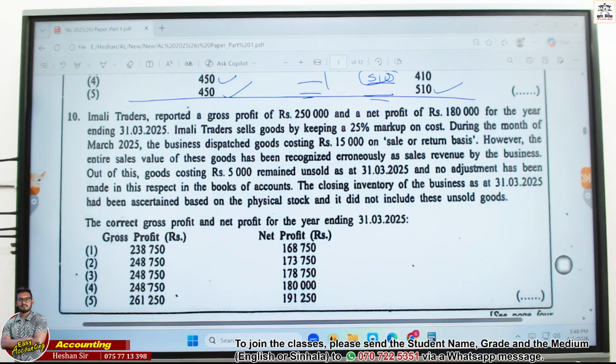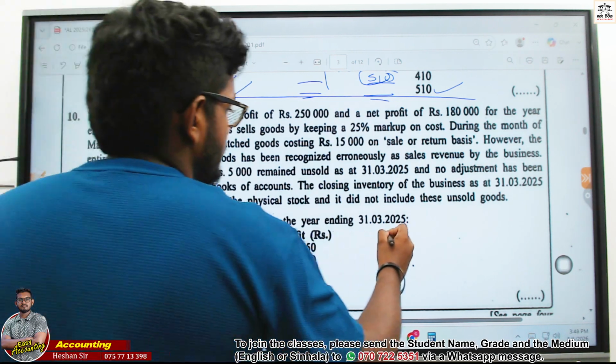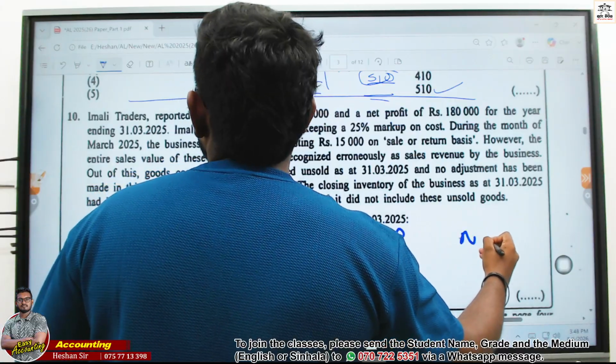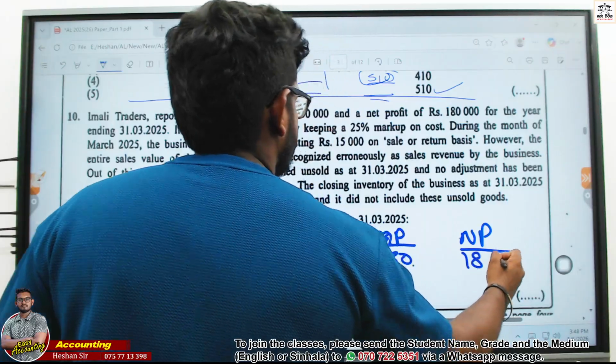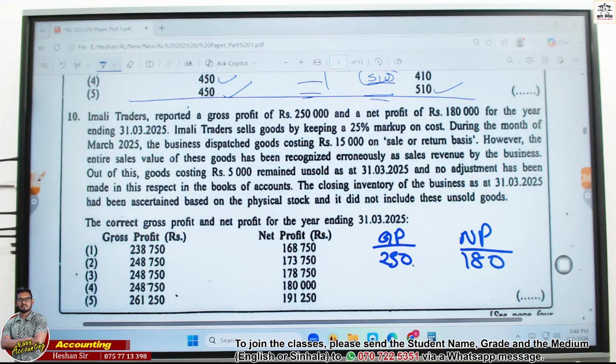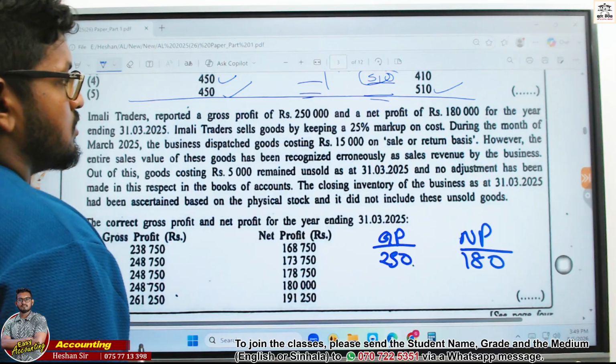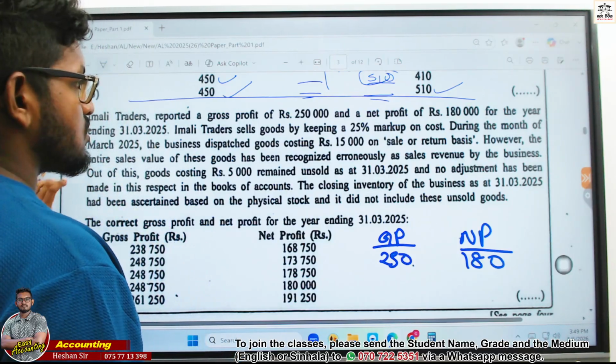They are asking for the correct gross profit and the net profit. Gross profit is 250, net profit is 180, right? Then you can see 25% markup on cost.